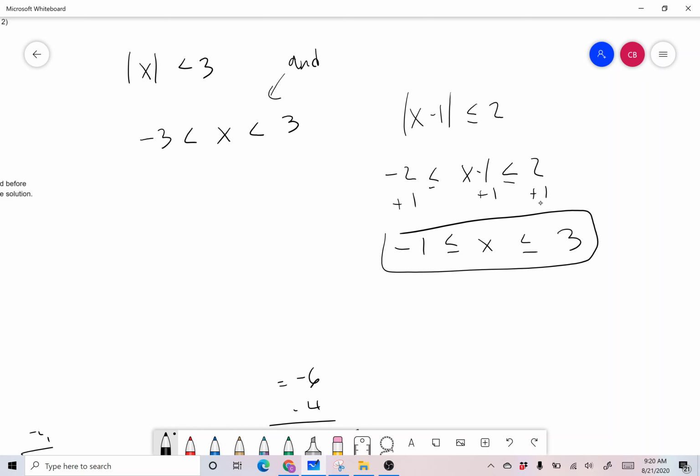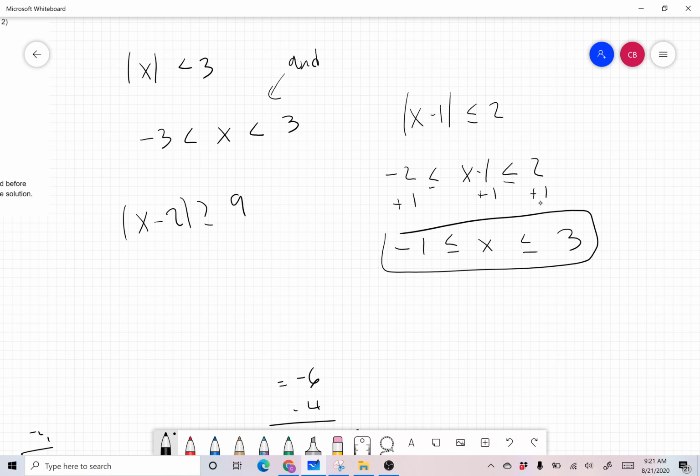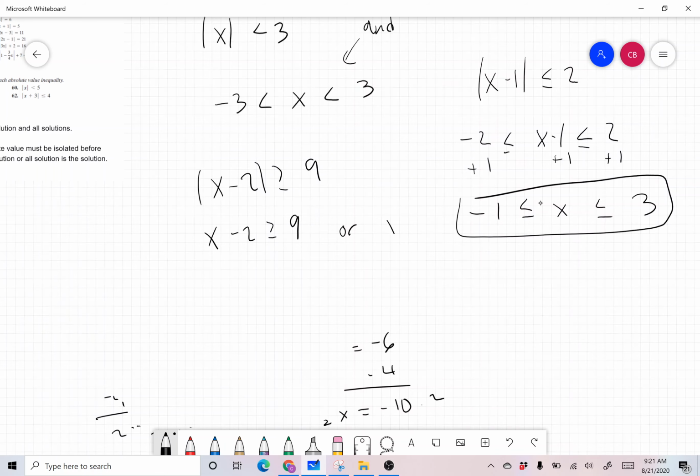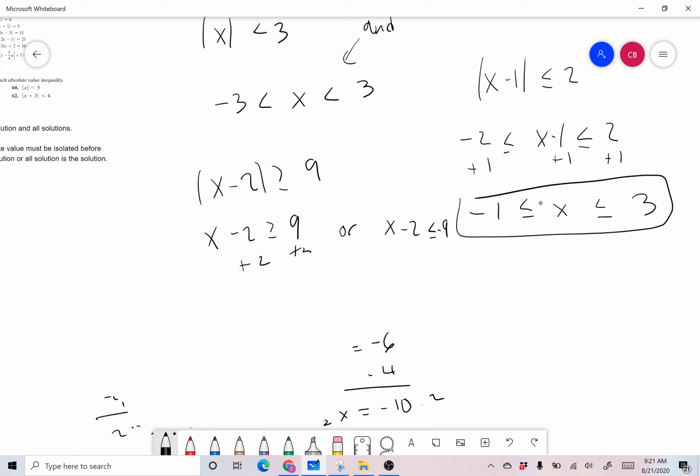Let's do a greater. The absolute value of x minus 2 is greater than or equal to 9. If it's a greater, you're going to have two different equations. The first one is x minus 2 is greater than or equal to 9, or x minus 2 is less than or equal to negative 9. So this is going to be plus 2, x is greater than or equal to 11, plus 2, x is less than or equal to negative 7.